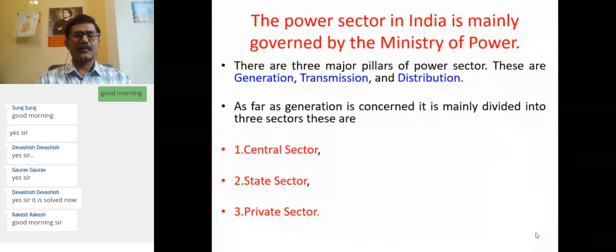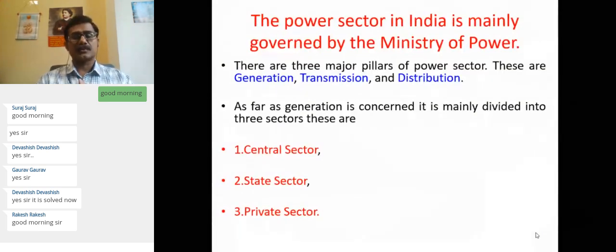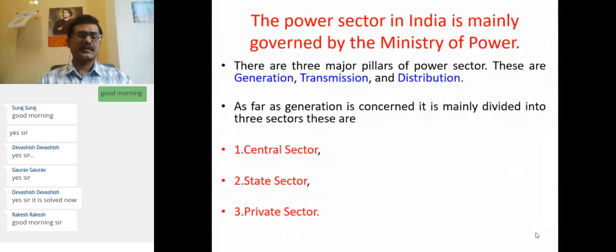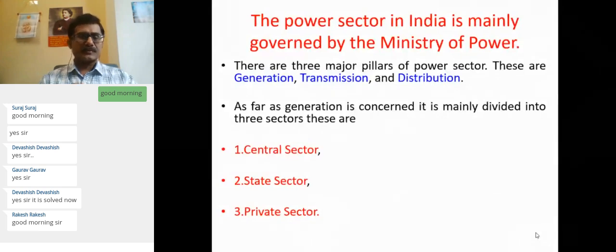Each state may have its own state-owned companies for generation, transmission, and distribution, operating at the state level to satisfy their demand. If they have capacity for excess power generation, they also sell the excess energy to neighboring states.